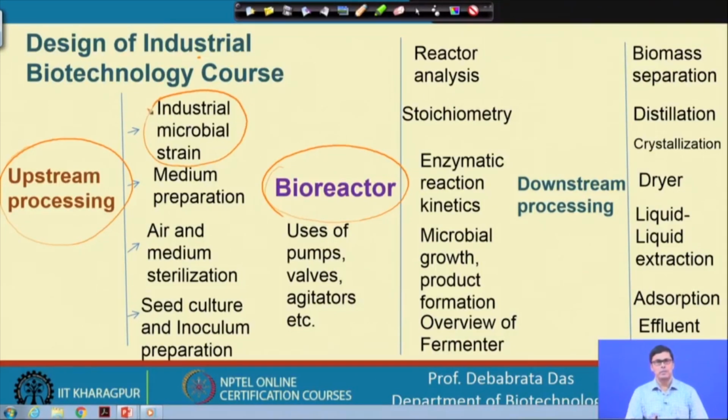What is the industrial microbial strain? I told you that whatever microorganism we isolate from the soil, we call a wild strain. But an industrial microbial strain is something different. Why are they different? Because they have uniform biochemical characteristics across generations.